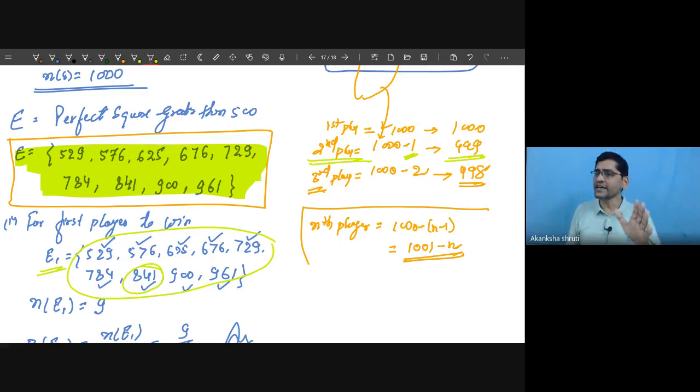Which number is taken out, we do not know. So just count the number, reduce it by 1. No need to exactly write the event like we have written for the first one. So here the number of events by which a person can win is 1, 2, 3, 4, 5, 6, 7, 8, 9. But out of this 9, 1 is already taken out by the first player.